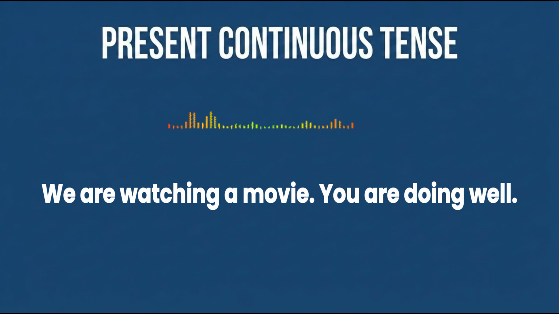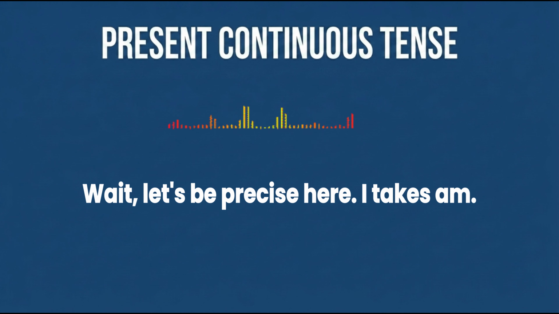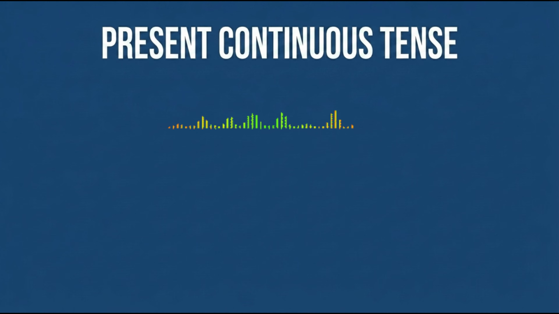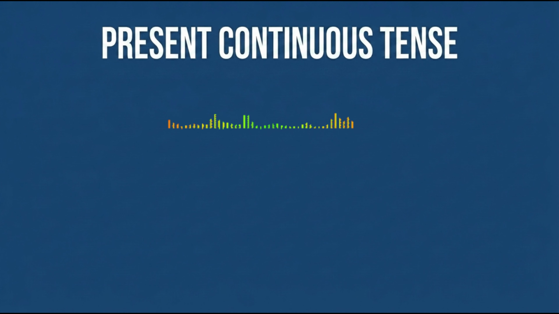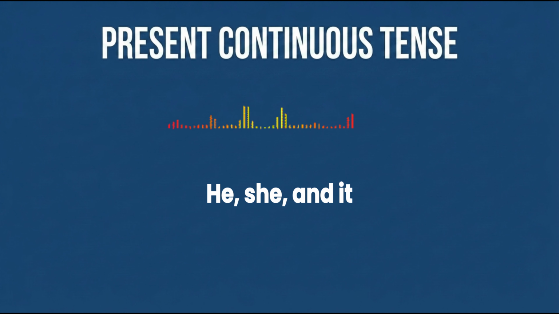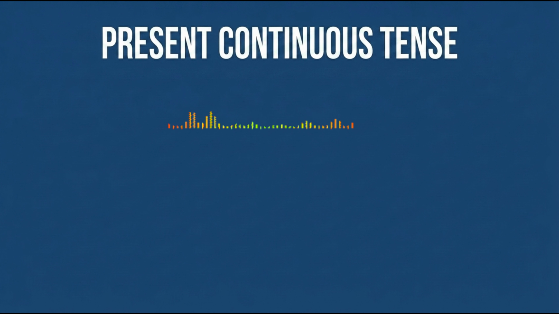You are doing well. They are playing football. Wait, let's be precise here. I takes am. We, you, and they take are. He, she, and it, and singular names like Mike or my mom, take is.